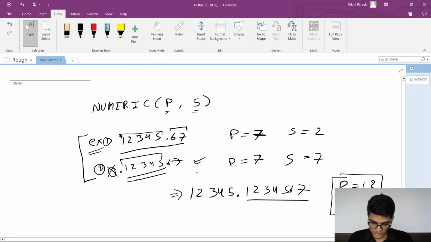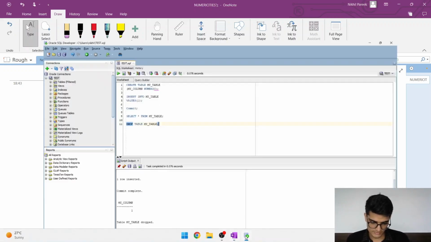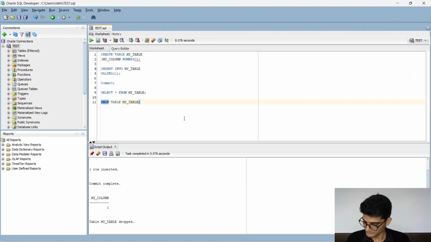Let's get to our GUI and see what happens if we store a larger value than the declared data type. For this, let's see what the default precision and scale are for the NUMERIC data type.